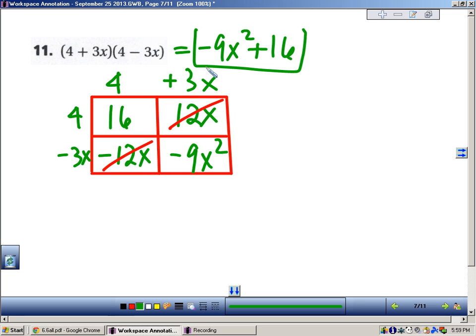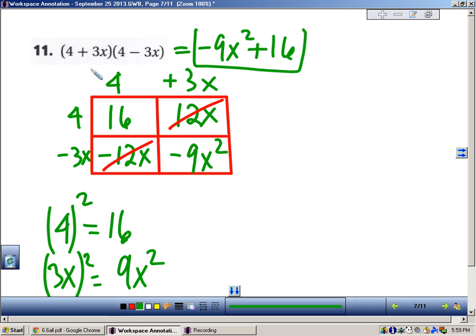And again, if you were to use the shortcut method, this would be the sum and difference product rule. What it says is you take the first term, which is 4, and square it. That would give you 16. You take the last term and square it, which is 3x, and that would give you 9x squared.